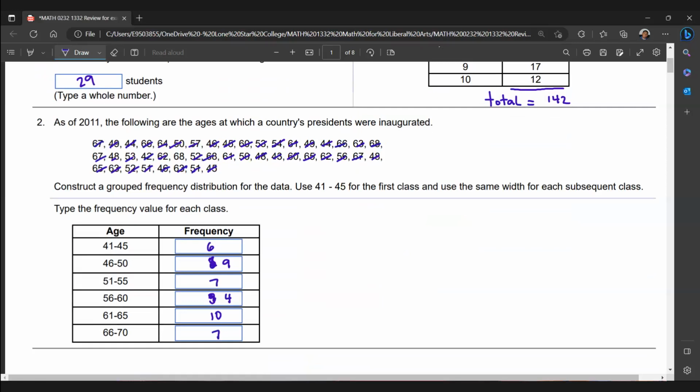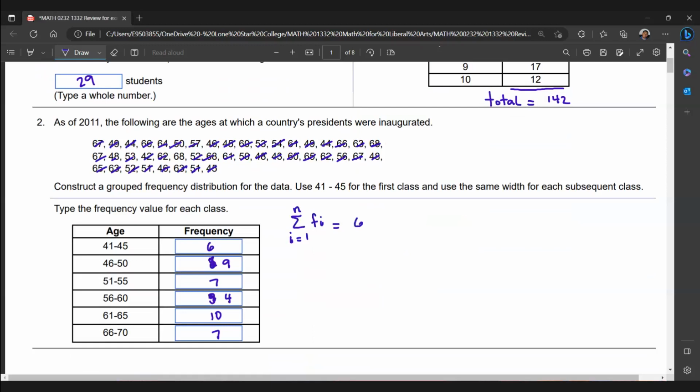Now to triple check that I got the right numbers, I can add up the frequencies. This is the symbol for adding, just a bit of symbolic representation that I'm about to add the frequencies.